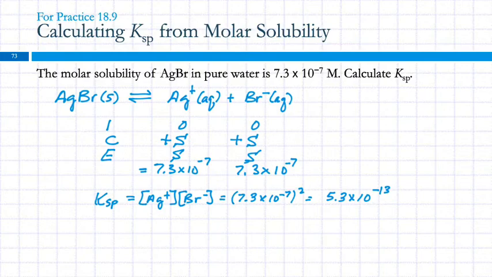I'm just showing you how you would think it through. If it's just one of each, then KSP equals the molar solubility squared. But if we've got that iron hydroxide where we had 2 hydroxides, we just need to be a little careful.